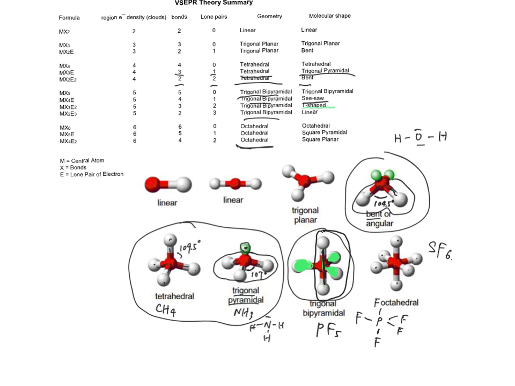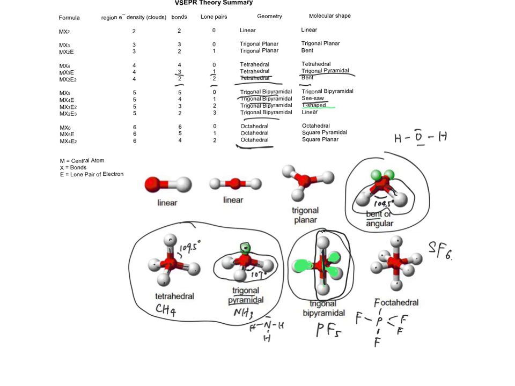Similarly, once you draw your Lewis structure, if you find you have 6 electron clouds, and again, every bond is counted as an electron cloud, every lone pair is counted as an electron cloud, so altogether, if you have 6 electron clouds, you're going to have octahedral geometry.